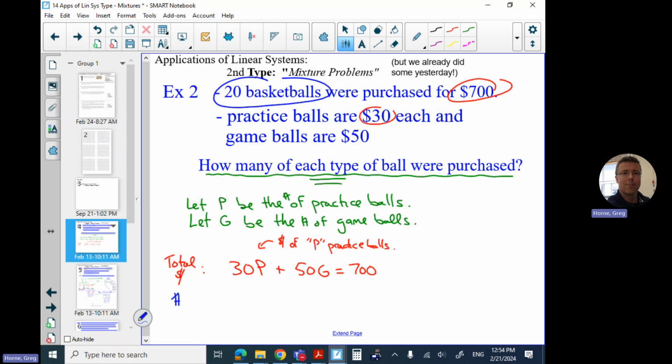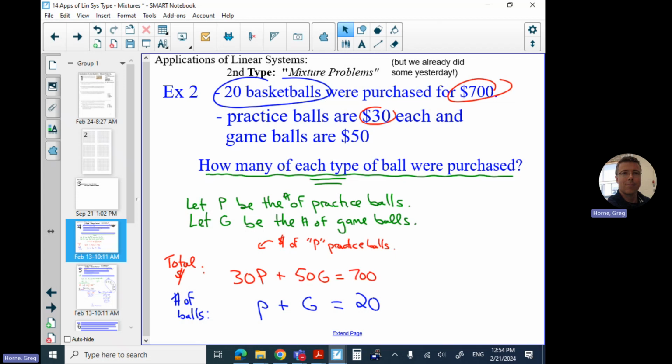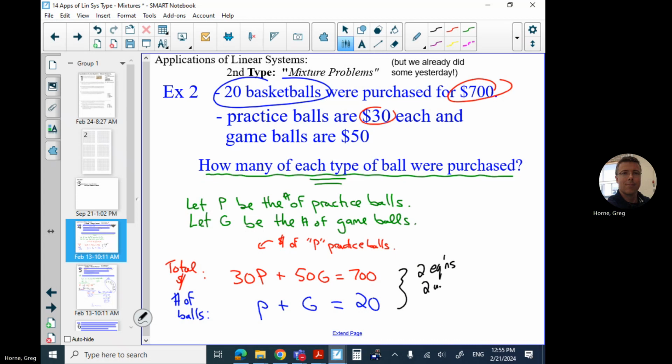It's just the number of balls. So that one's just P plus G equals 20, right? We're able to set up 2 equations here that have 2 unknowns, right? So this is a linear system. We're going to start calling that 2 equations, 2 unknowns, which is really what a linear system is.